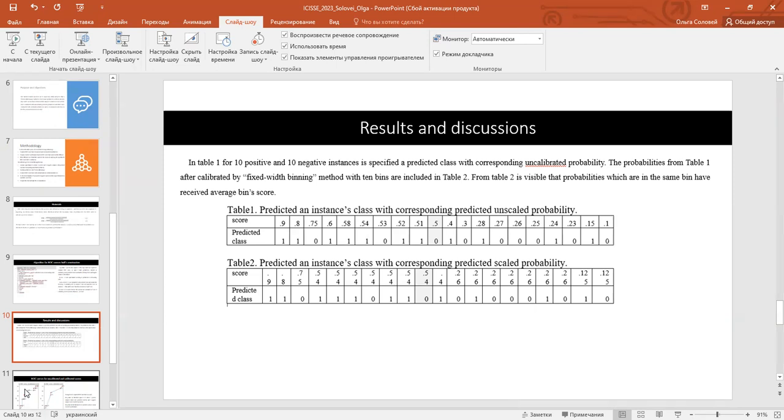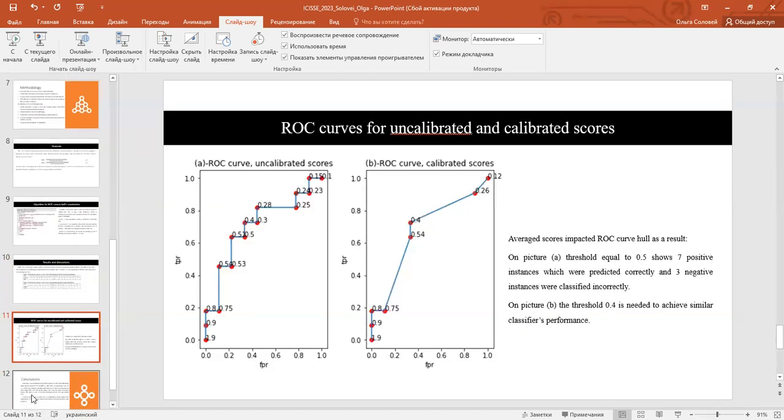From table 2 it is visible that probabilities which are in the same bin have received the average bin score, which means equal bin score. And here is an illustration of ROC curves constructed for uncalibrated probabilities and calibrated probabilities. Average score impacted the ROC curve hull.